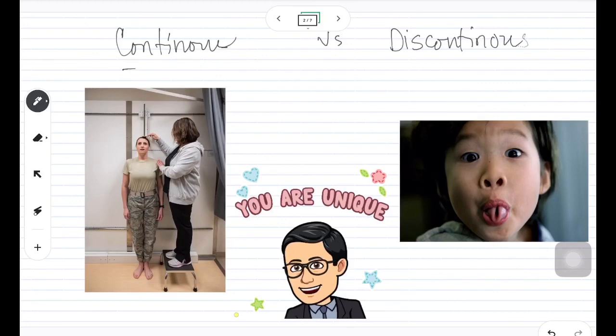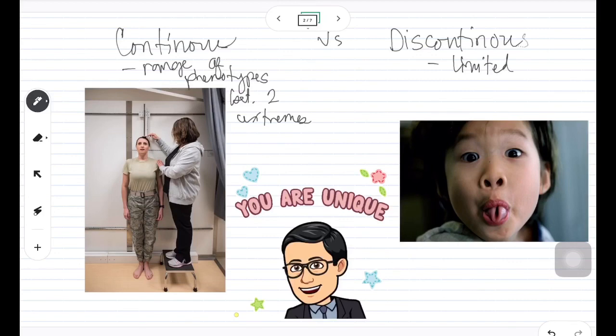Continuous can result in a range of phenotypes between two extremes. While discontinuous is limited. It results in a limited number of set phenotypes with no intermediate.